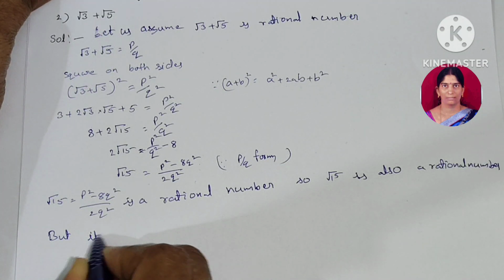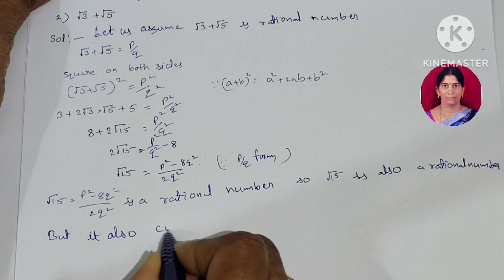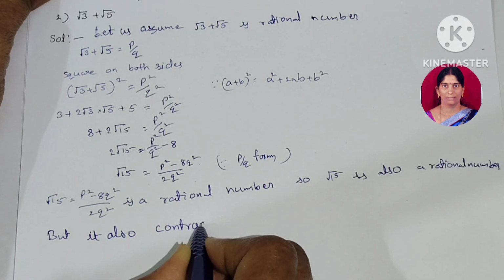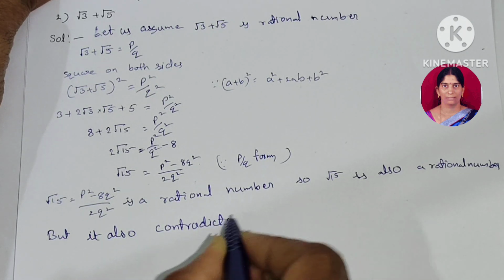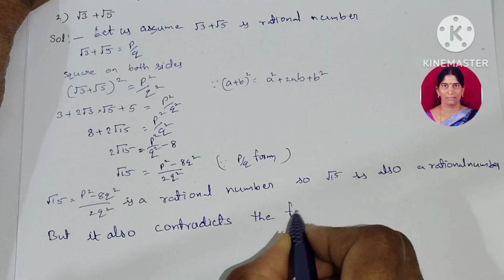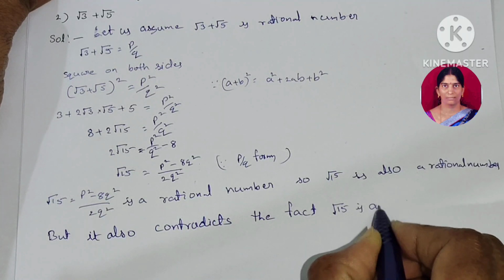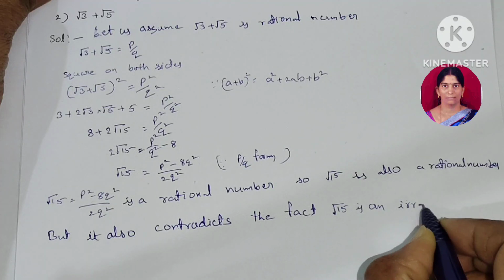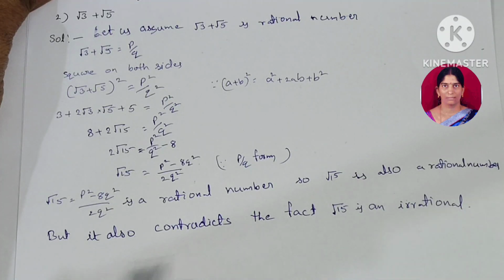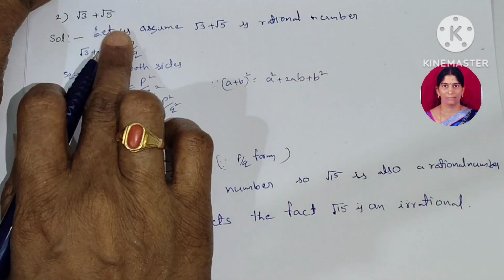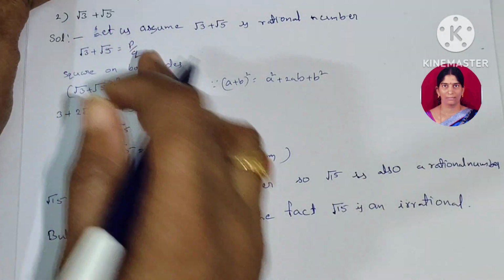It contradicts the fact that root 15 is irrational. So here root 15 irrational means root 3 plus root 5 is an irrational number.